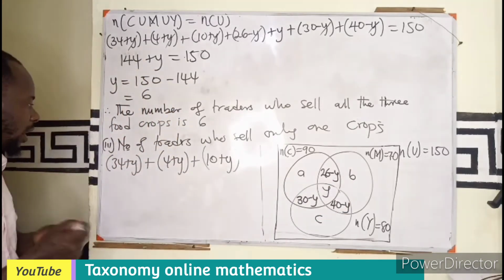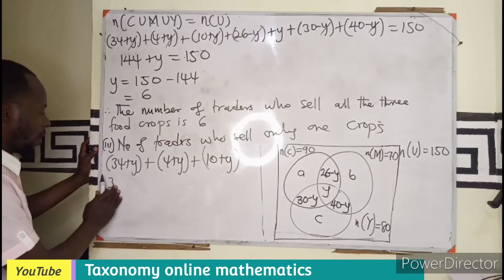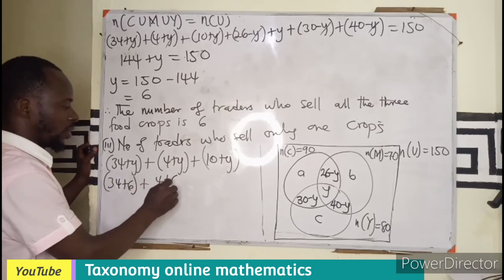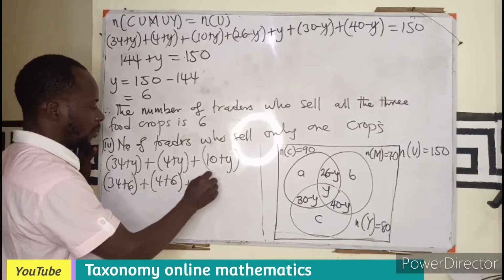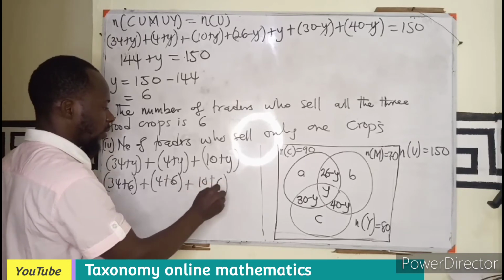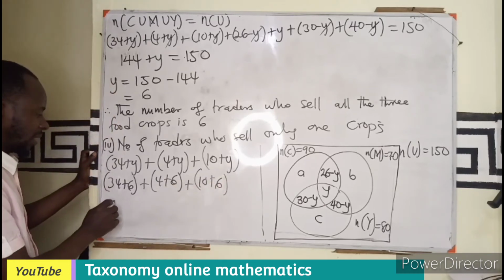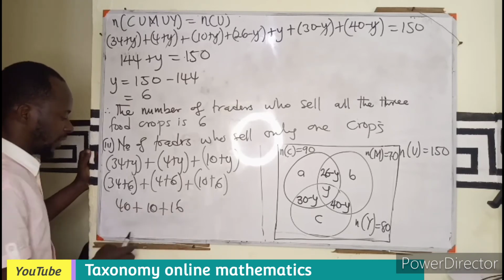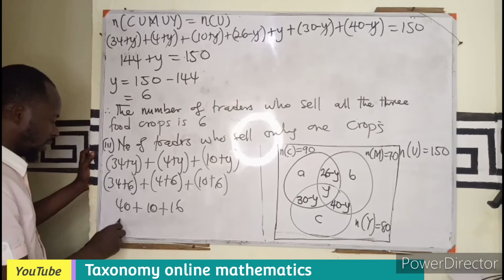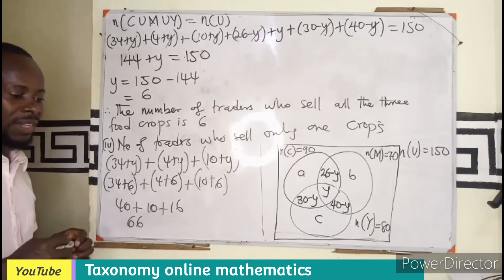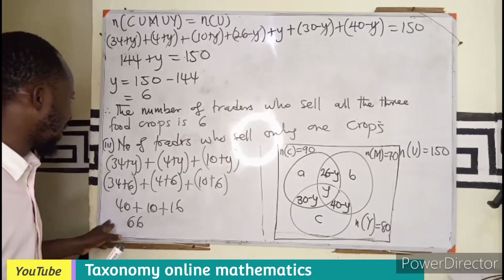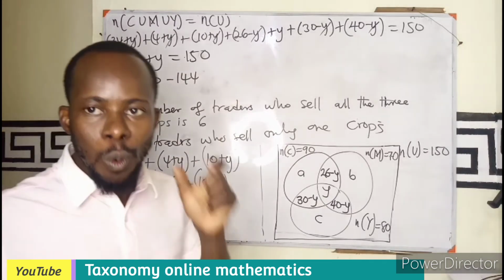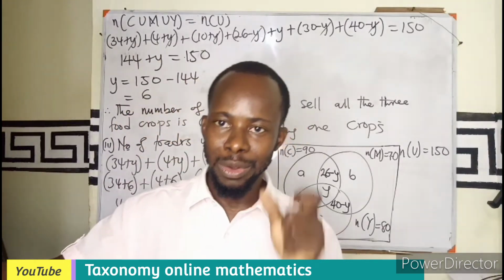So they become 34 plus y, which is 6. 4 plus y, which is 6. 10 plus y, which is 6. So in this bracket, I have 40, 10, 16. So 50, so we have 66 as the value. So what I'll say is that, therefore, 66 traders sell only 1 crop.